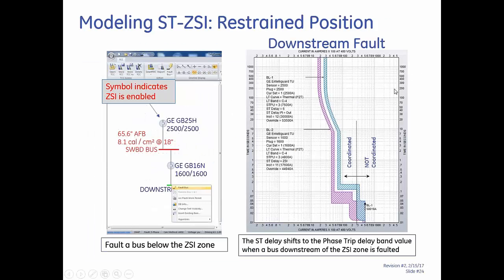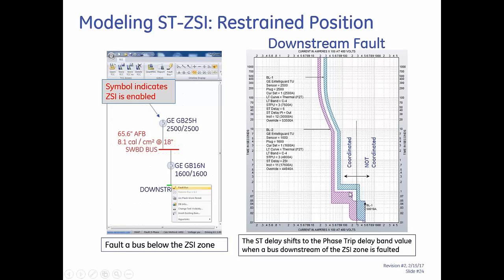Here, I am now going to show what happens if I have a fault below the bus I'm protecting with ZSI. I go to the downstream bus, right-click it, say fault the bus, and it doesn't matter if it's the immediate downstream bus or any other downstream bus, I would get the same result. And to the right, you see the shifting. In this case, what shifted was the short time delay band from a 3 to a 6.